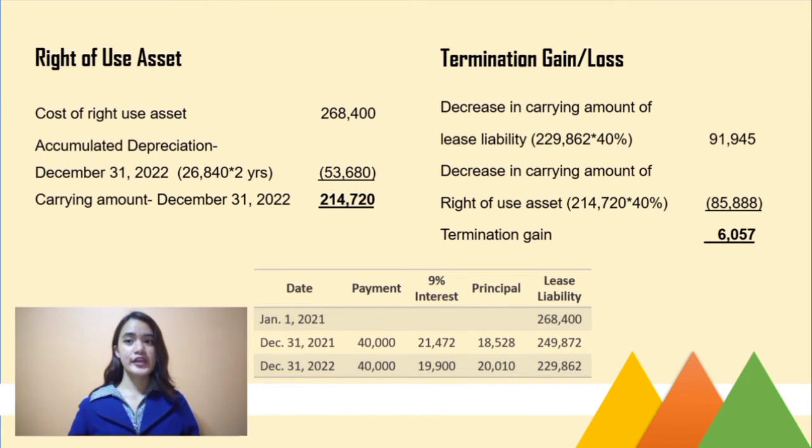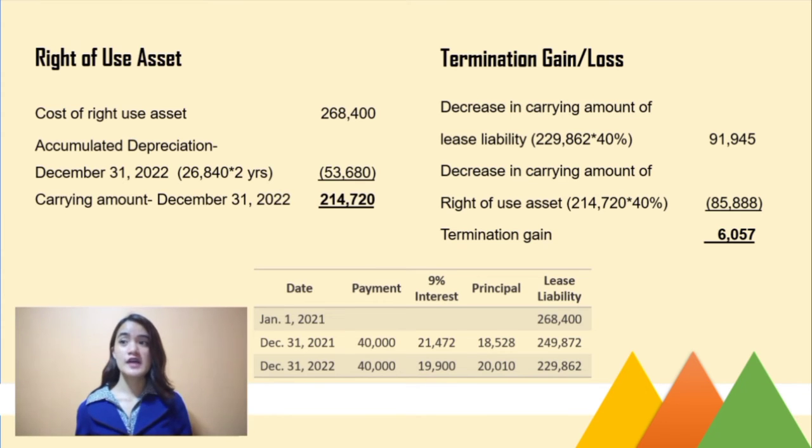First, the decrease in the carrying amount of the lease liability, which is 229,862 pesos multiplied by the decrease sa scope natin, which is 40%. It will result to 91,945. I-deduct natin sa kanya yung decrease sa carrying amount ng ROU natin, which is 85,888 pesos.